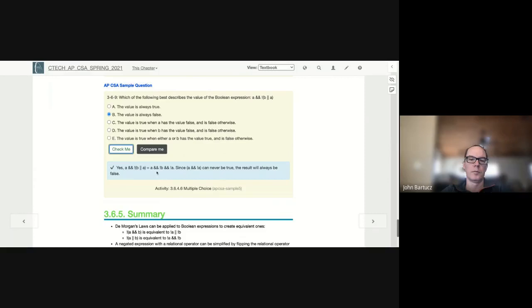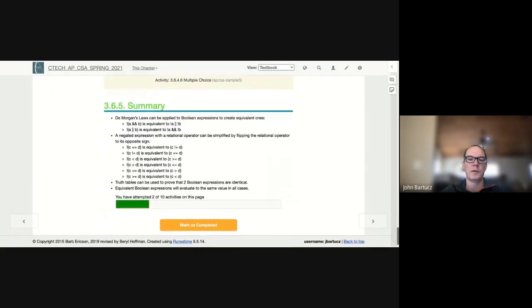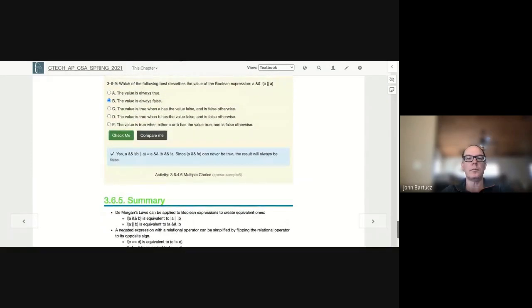So they converted it using De Morgan's laws, A and not B and not A. And they said, since A and not A can never be true, the whole thing will always be false. All right. Give me another plus minus squiggly on this logic.